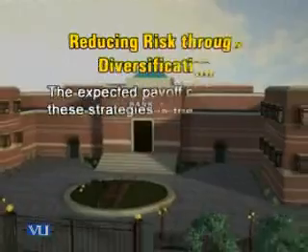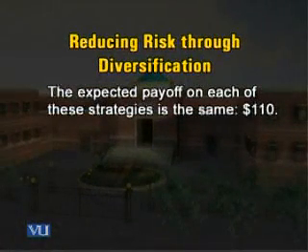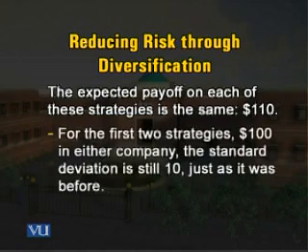So let's take certain numerical values and try to prove our point. The expected payoff on each of these strategies is the same, that is $110. For the first 2 strategies, 100 in either company, the standard deviation is still 10, just as it was before. For simplicity, we are carrying forward the same figures.